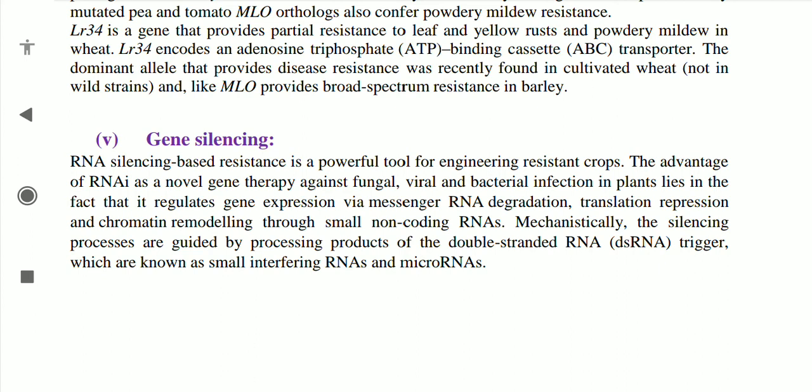Mechanistically, the silencing process is guided by processing products of the double stranded RNA trigger, which are known as small interfering RNAs and microRNAs. Thus, RNA silencing is a useful tool for the development of resistant crops.